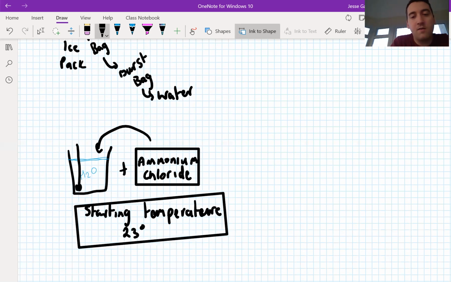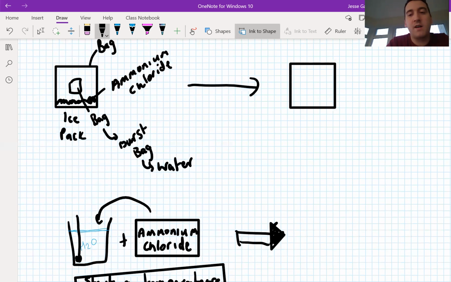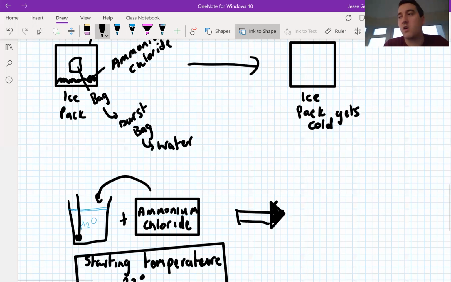What's going to happen? Well, after a while, we know what happens in the ice pack. Once we squeeze the bag and we mix the chemicals, the ice pack gets cold to touch. Well, why is it cold to touch?